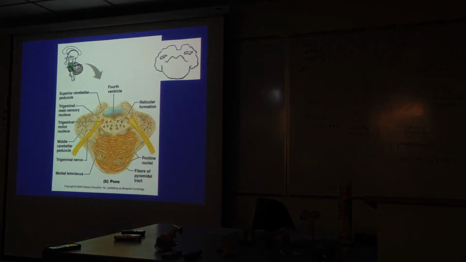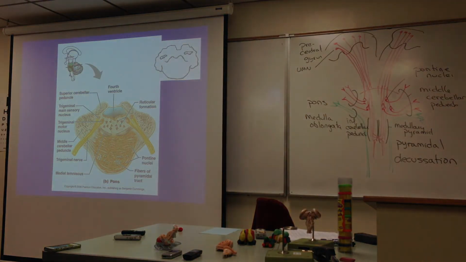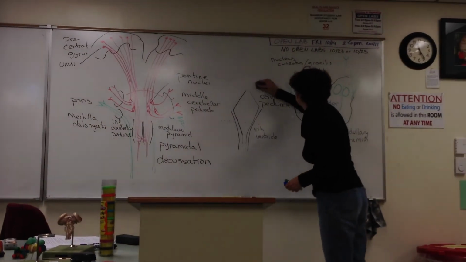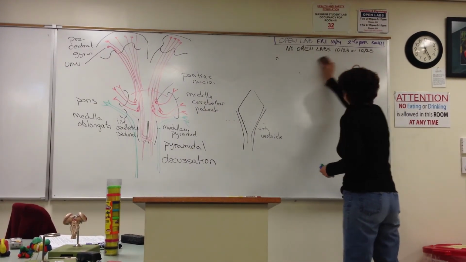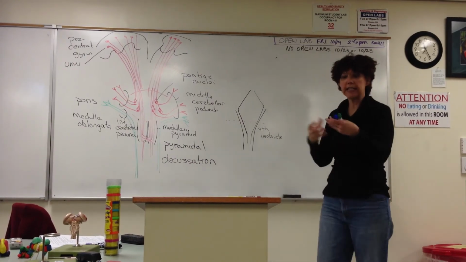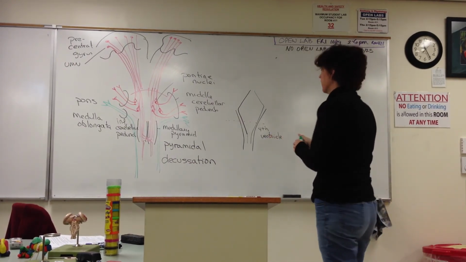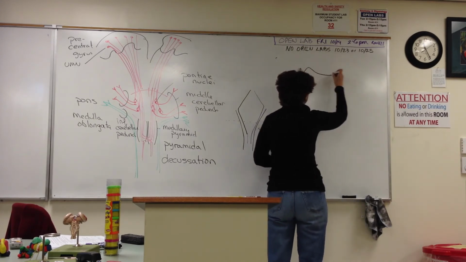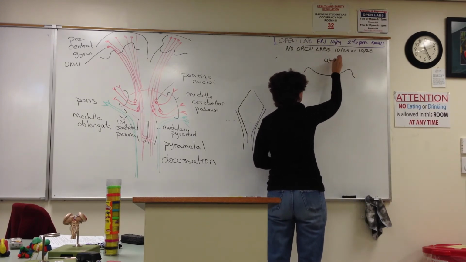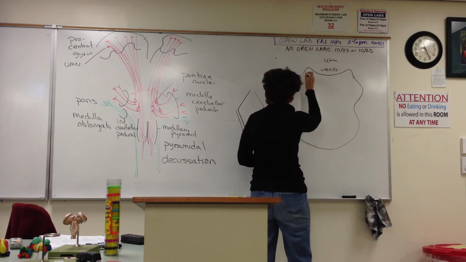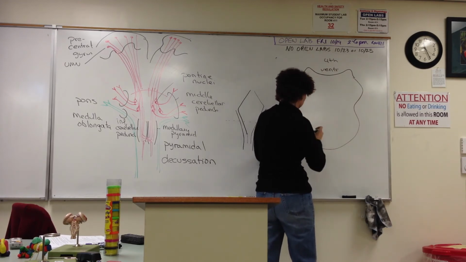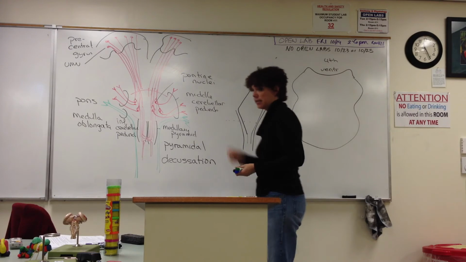So here's a transverse section. You really appreciate the beer belly here. Sensory pathways are going to continue to pass up through the pons. Here's our fourth ventricle again. And the cerebellum is going over it. We would have the pontine nuclei.